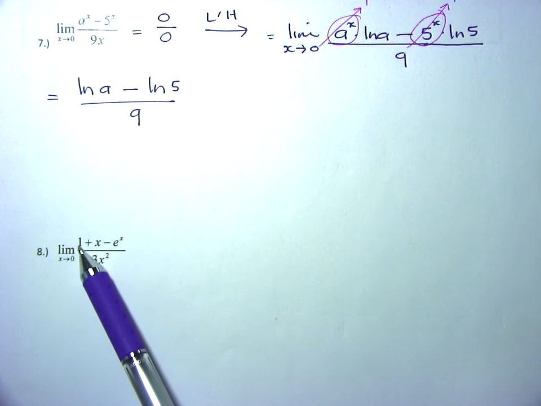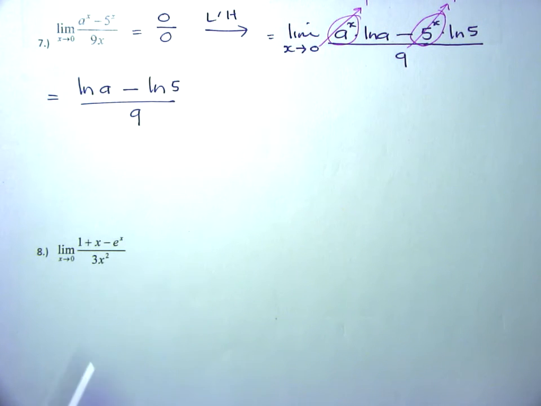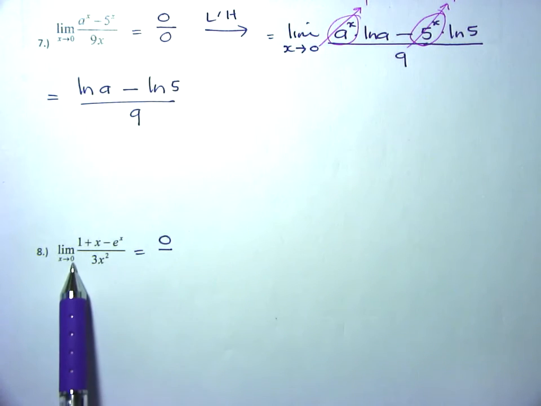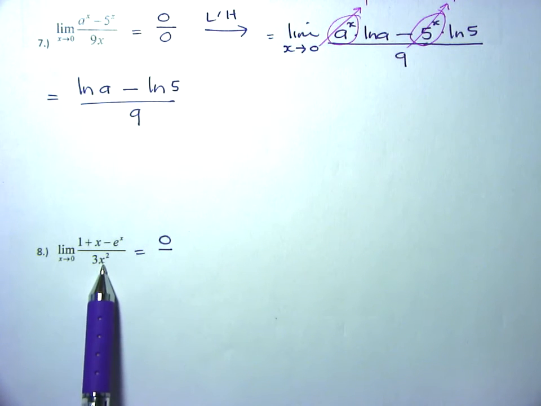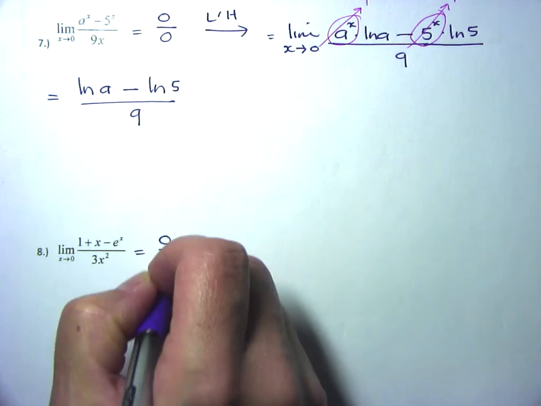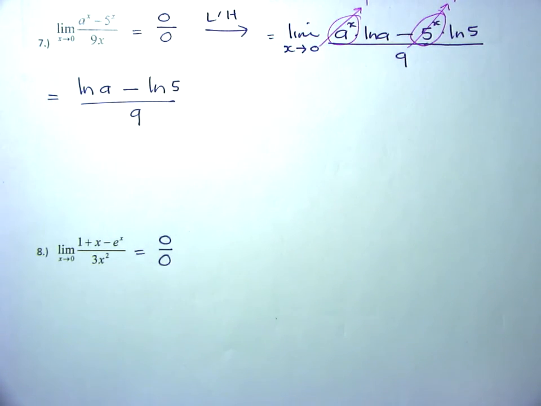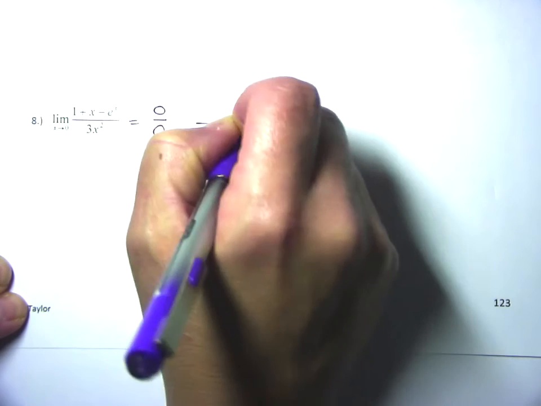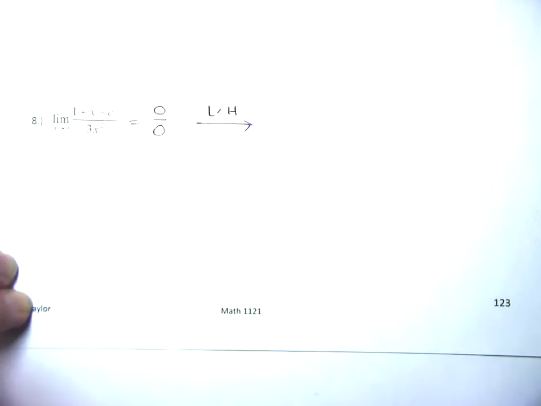So I have 1 plus 0 minus 1. That's equal to 0. If I plug 0 in for x in the denominator, 3 times 0 squared is 0. All right, so we see our 0 over 0. That is our permission slip to use L'Hopital's rule.